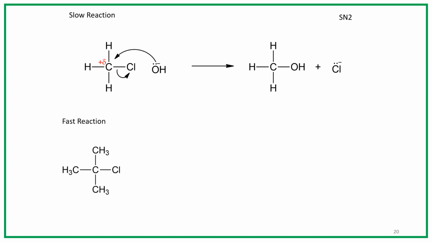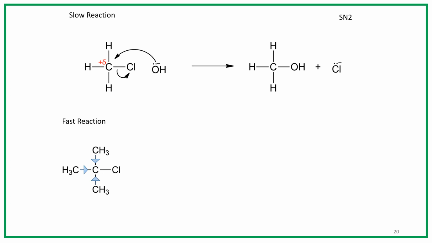And the next example has the same kind of alkyl halide, but this alkyl halide contains three methyl groups around the carbon which is attached to chlorine. In this compound, the CH3, that means methyl groups, can donate electrons due to the induction effect.